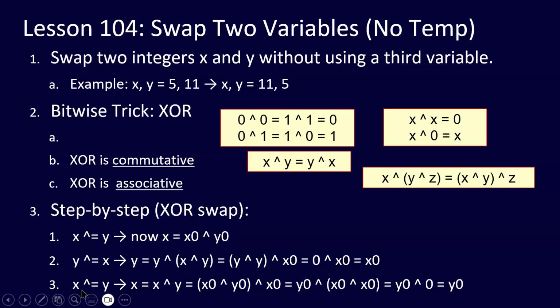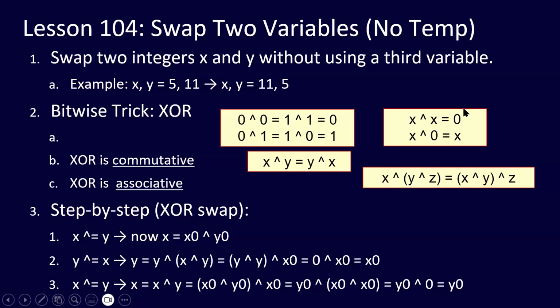And the third statement, x hat equals y, will calculate x equals x hat y, which is now x0 hat y0 hat x0.